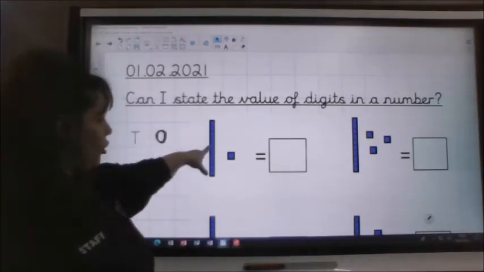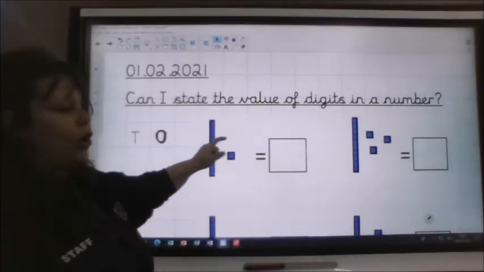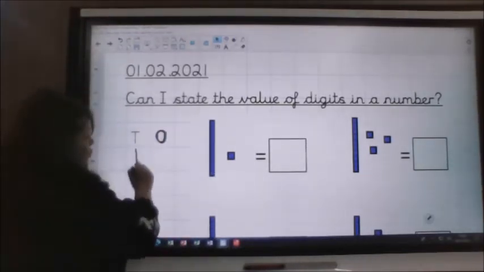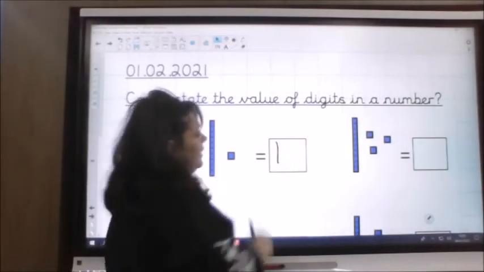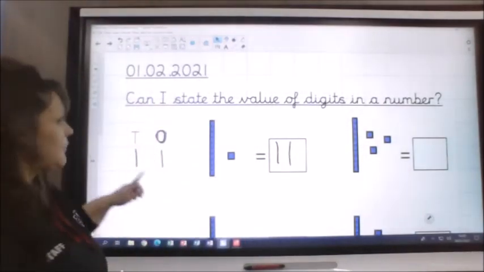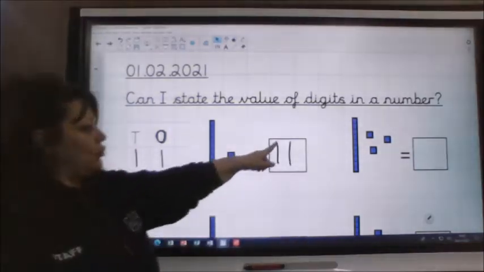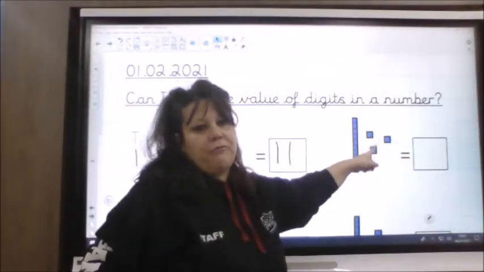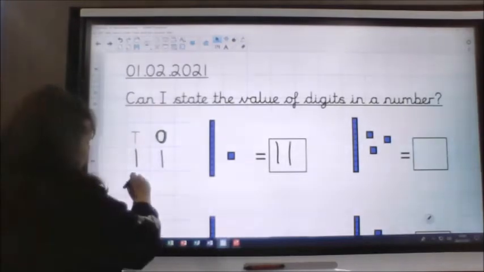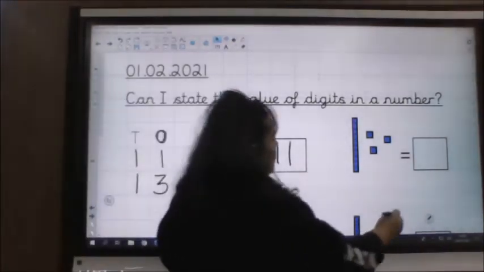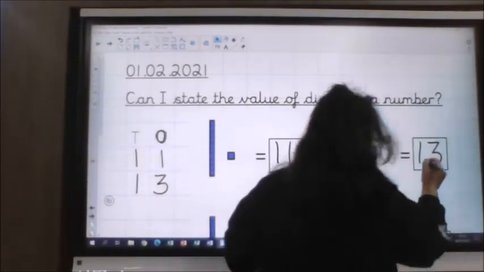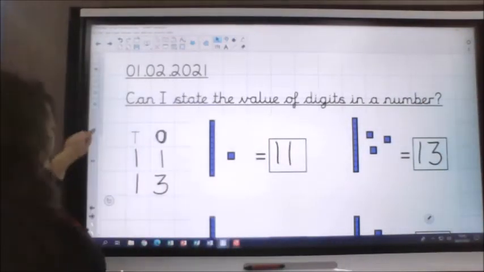So here, I've got 1 ten and 1 one. So that would be 1 ten, 1 one, and we'd say that's 11, and we'd write it like that. Over here, we've got 1 ten and 3 ones. So 1 ten and 3 ones. So we would say that's 13.